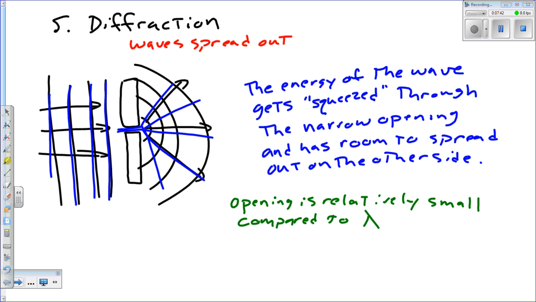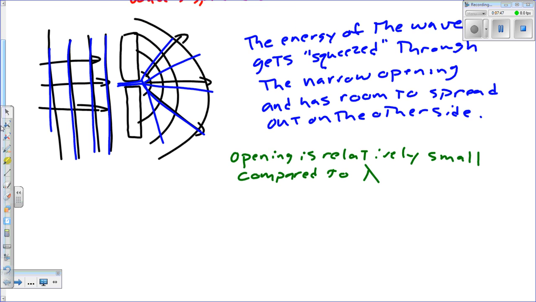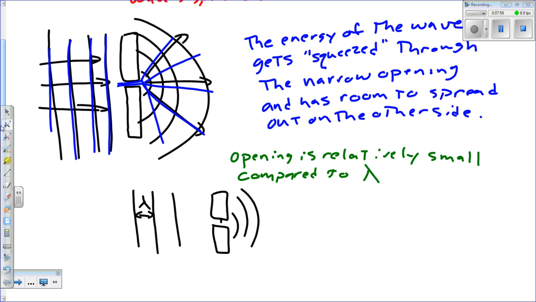So in the Ripple Tank lab from last year, let's say this was your wavelength. If the opening was smaller than your wavelength, you got to see the diffraction is a little more obvious.